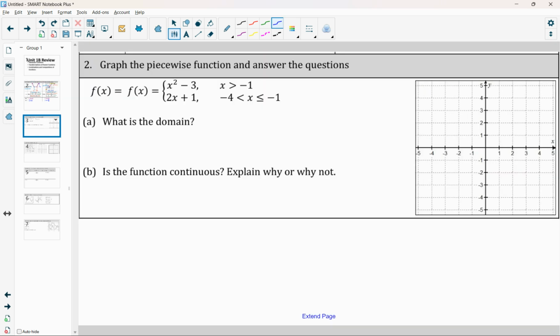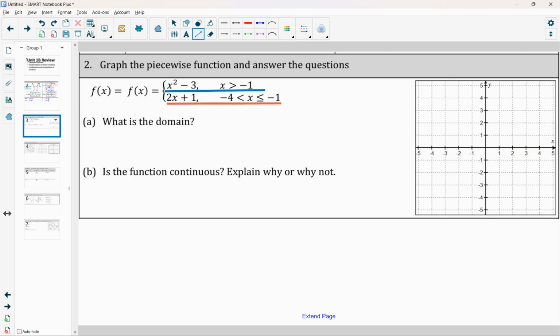Number 2 asks us to graph the piecewise functions and then answer the question. So for this one, we've got, again, 2 different pieces of this graph. And so I'll just graph this top one in blue, and then I'll graph this bottom one in this orangish red color.